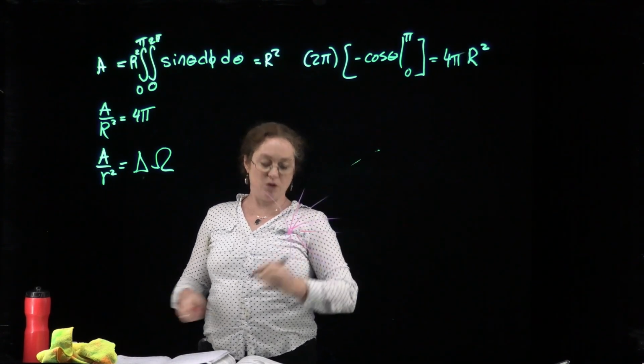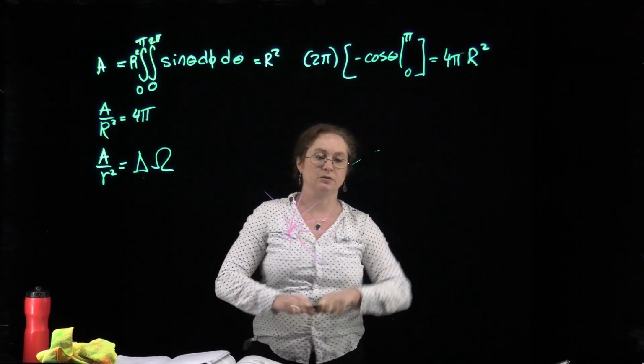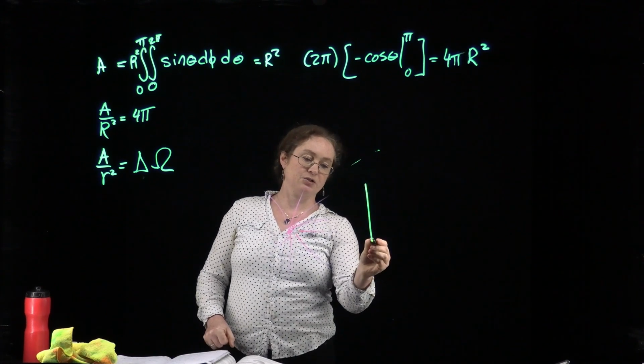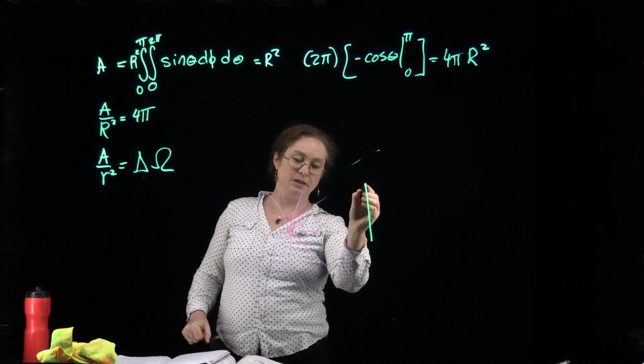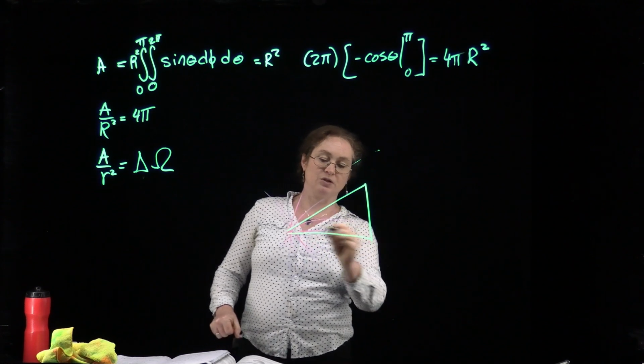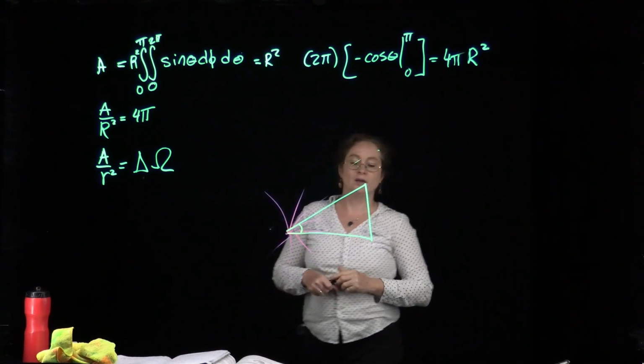You want to know what directions you measure. You build a detector here and you subtend this angle.